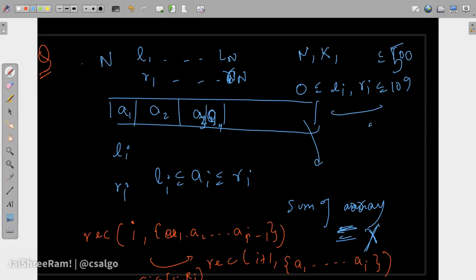Make li equal to the minimum of li and 500, and ri equal to the minimum of ri and 500. Make this 501, so you don't even need to consider anything more than 500. Why 501? Because if it was more than 500, then there is no possible value.